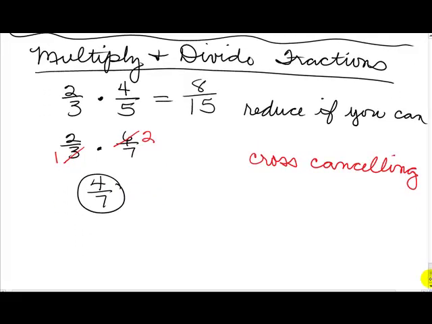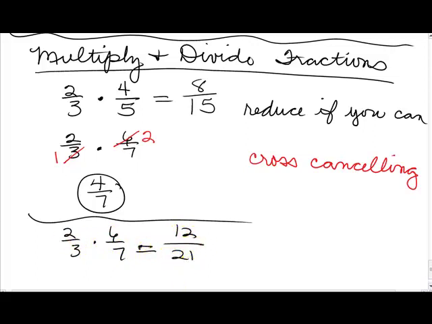Now you can go ahead and multiply first if you wanted to. If you have 2/3 times 6 over 7, 12 over 21. But then here you need to recognize that this is not reduced. So if you want to reduce, they're small enough to do guess and check.